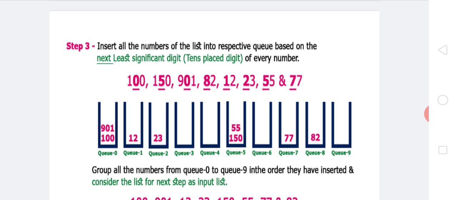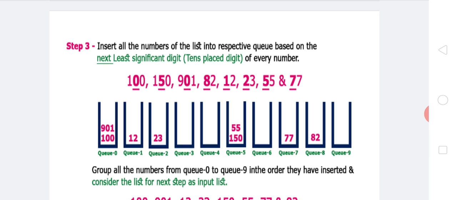In the previous step we already inserted the elements stepwise. Likewise here also we are going to insert the elements based on the tens place digit. The first element is 100, which is going to be placed in Q0 because the marked digit is 0.